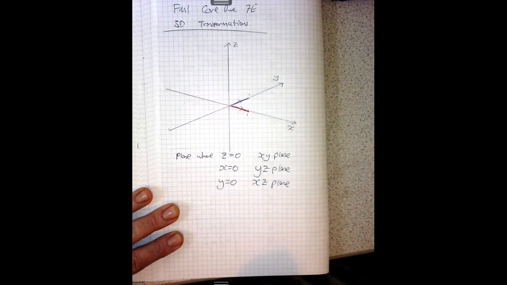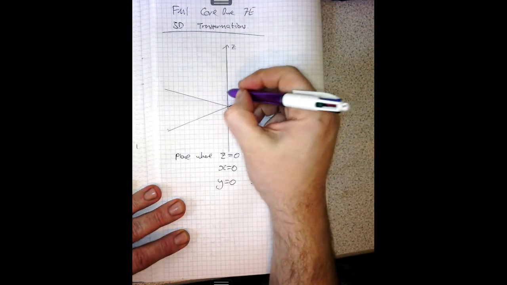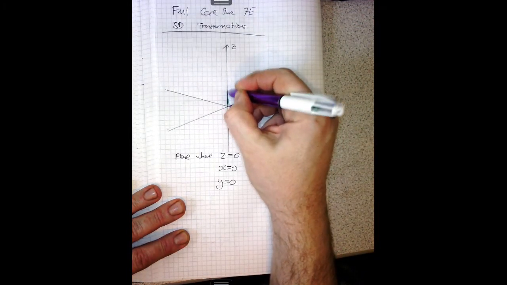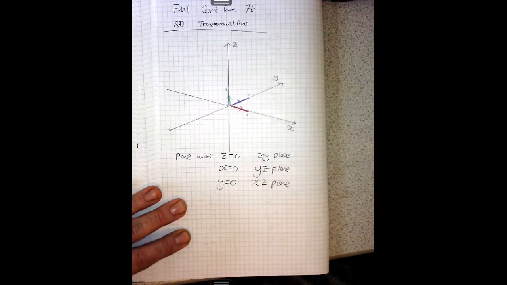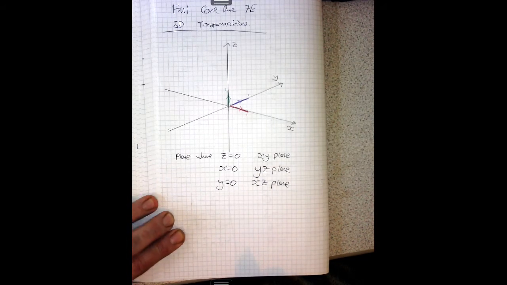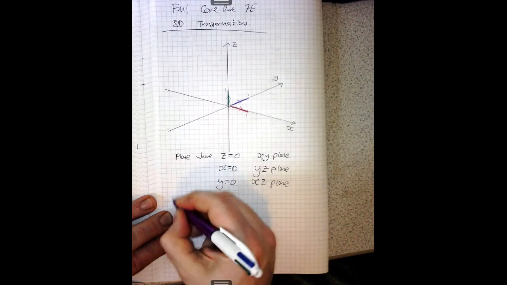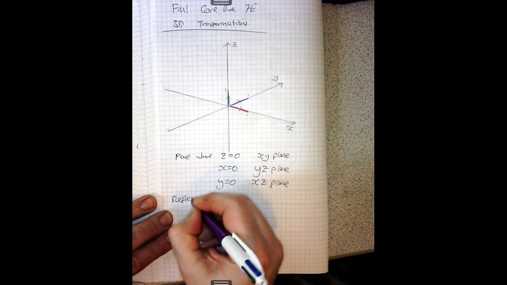So if I reflect in the XY plane, I'm saying what happens to 1, 0, 0, 0, 1, 0, 0, 0, 1. And not surprisingly, it's the identity matrix because it just makes it convenient for us.